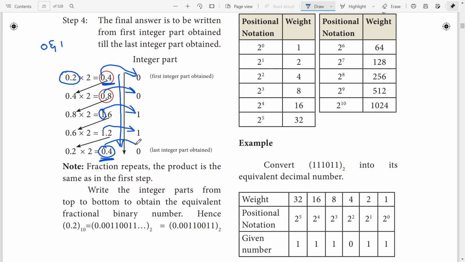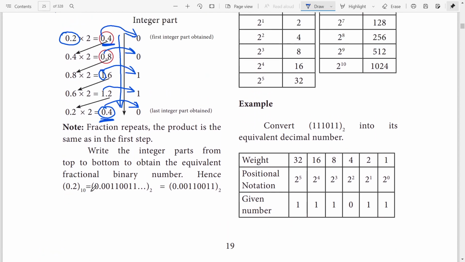So the last 0 you have to write here. Now we write its fraction, that is 0 point, you have to mention the point, 0.00110 and it goes on.